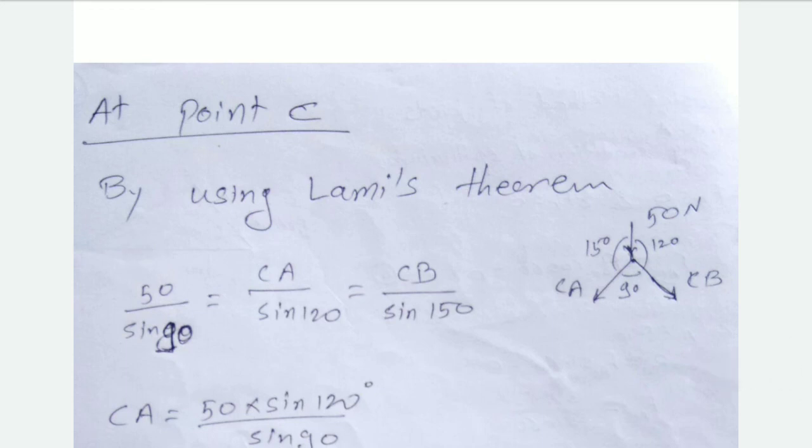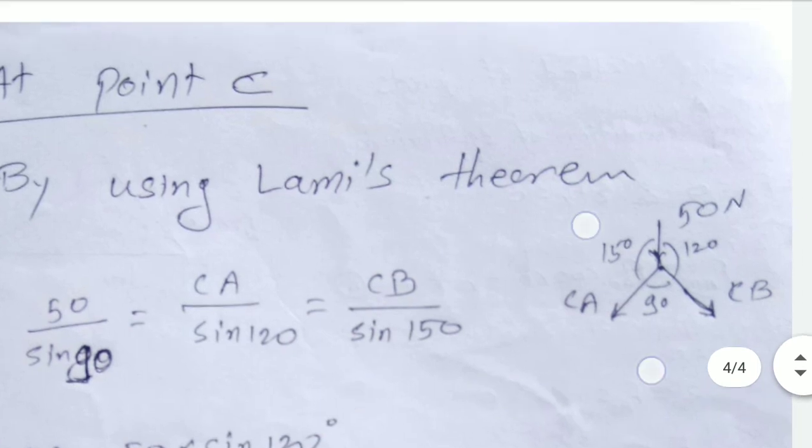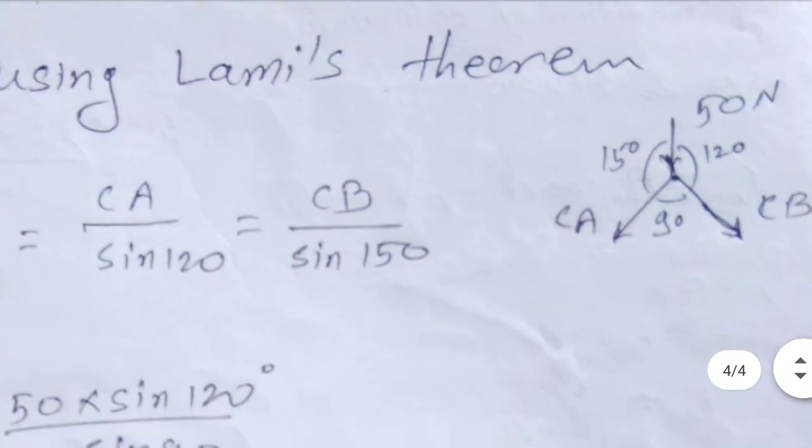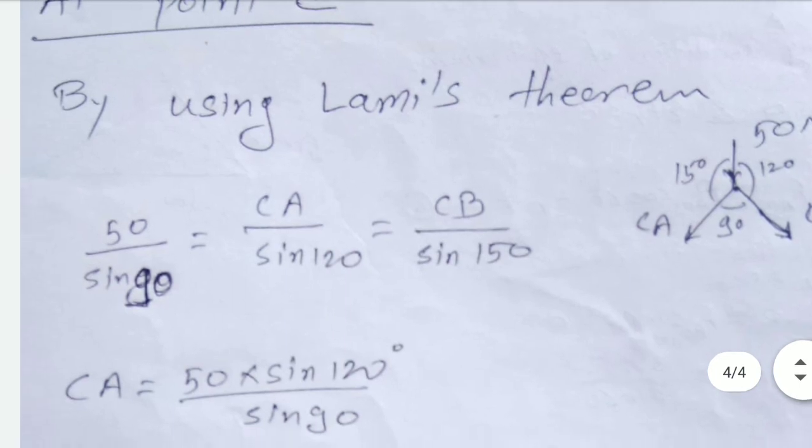For Lami's theorem we require the angles. The angle between CA and CB is 90 degrees. Between the point load and CB it is 120 degrees, because the right side angle is 30, and between CA and the 50 N load it is 150 degrees.